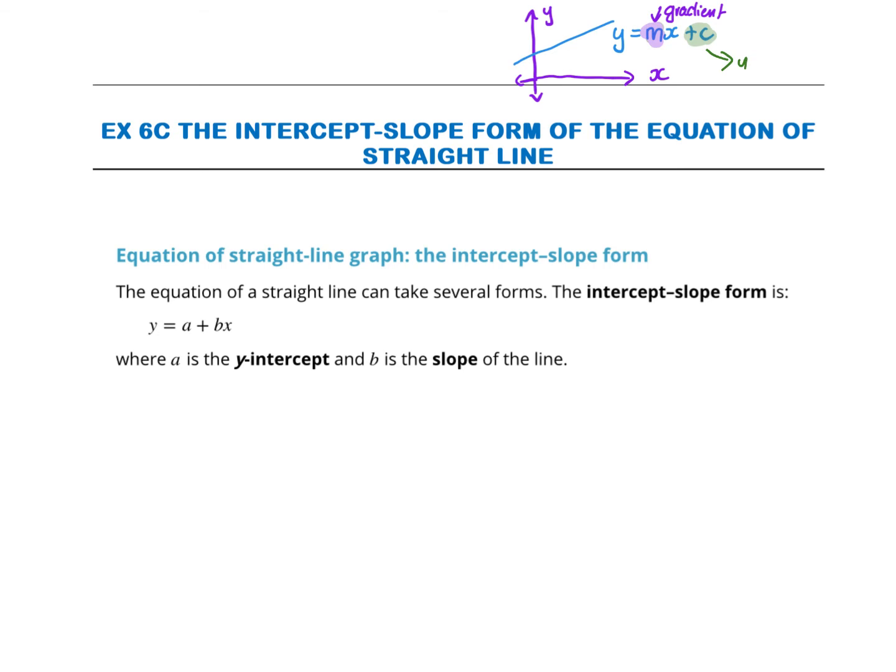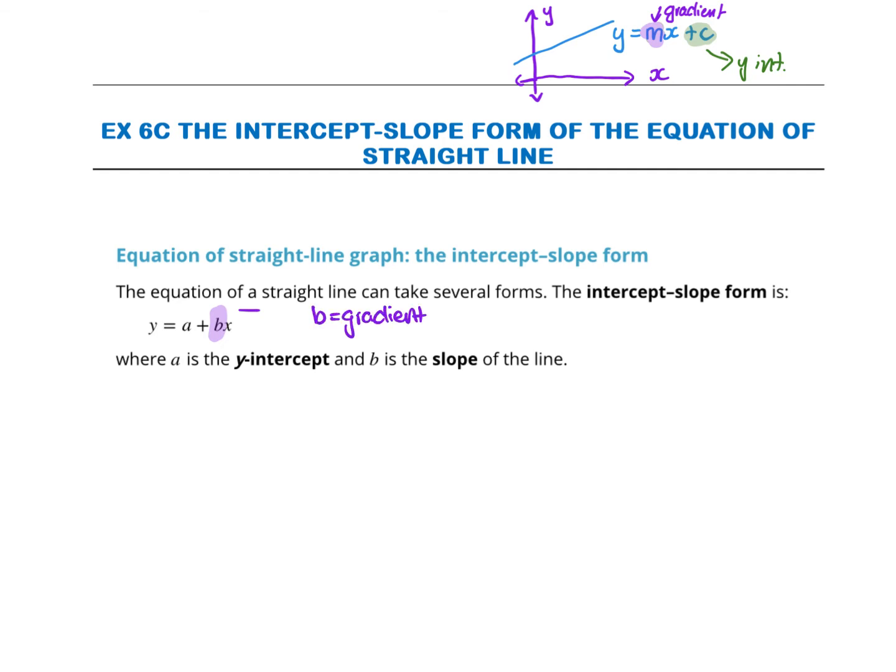We're still going to use that basic formula, except we will not use the letters m and c anymore. We're now going to use the letter b. So b is the gradient.